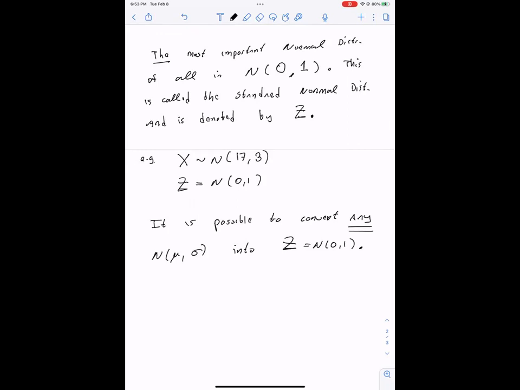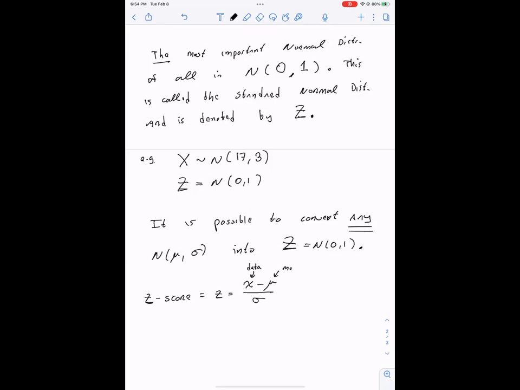And the answer is I compute what's called the Z-score. The Z-score, which is lowercase z, is given by a very simple formula, x minus mu over sigma. Your data point, x, is your actual data value.